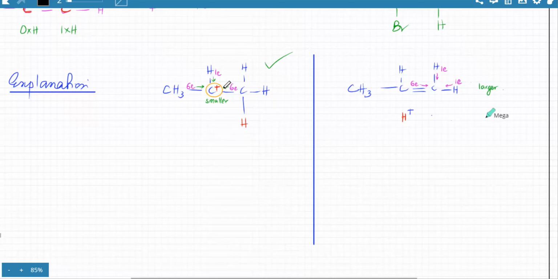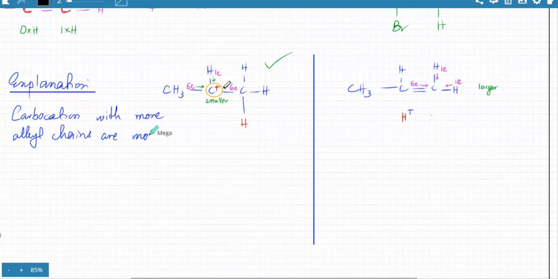Okay, thank you. So what you're going to write as the explanation is a two line explanation: you're going to write that carbocations with more carbon chains or alkyl chains are more stable as they have a lower charge density, or smaller charge density.